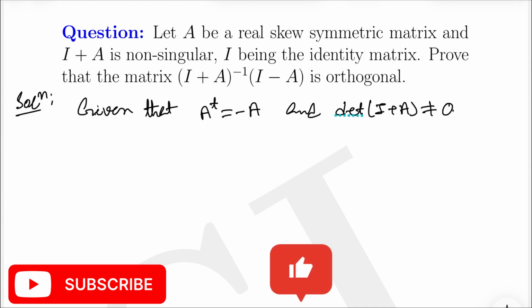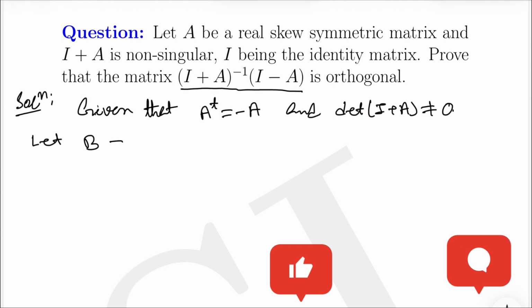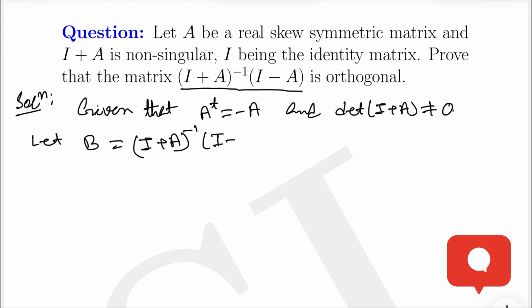Now we have to prove that (I plus A) inverse into (I minus A) is orthogonal. So let B be equal to (I plus A) inverse into (I minus A). Then we have to prove that B is orthogonal, that means we have to show that B into B transpose is equal to the identity matrix.